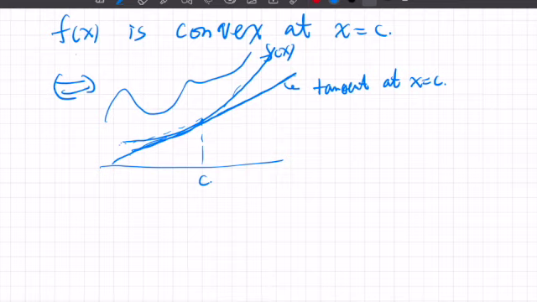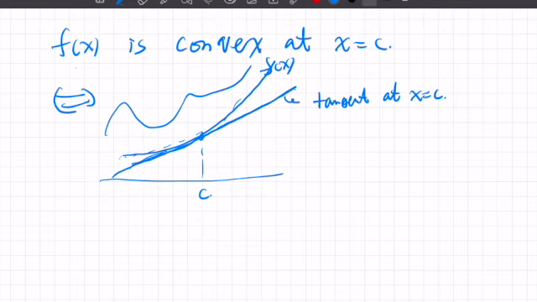Okay, so that means, well, of course, it's in the neighborhood of c.